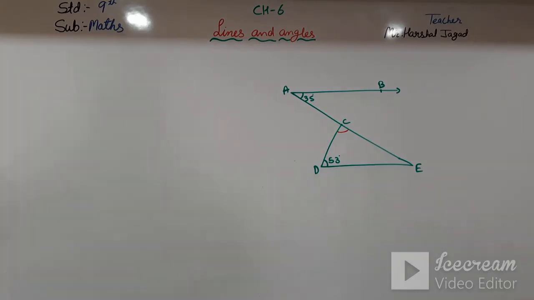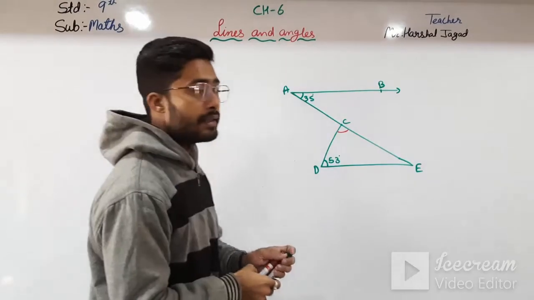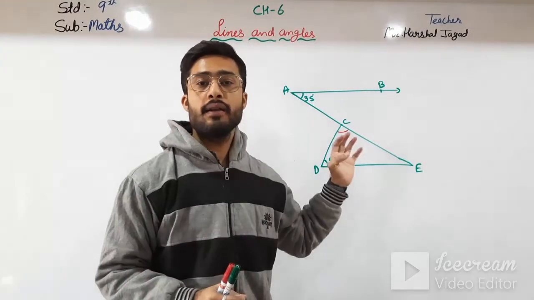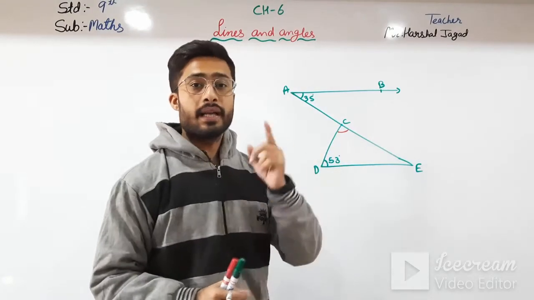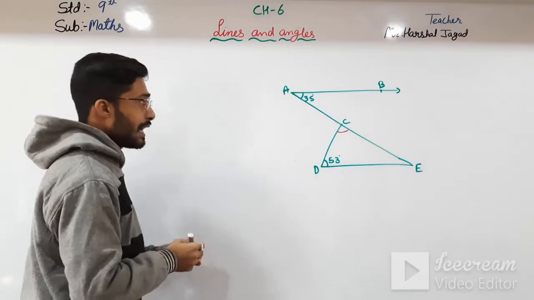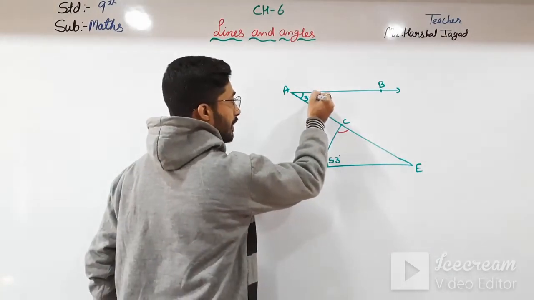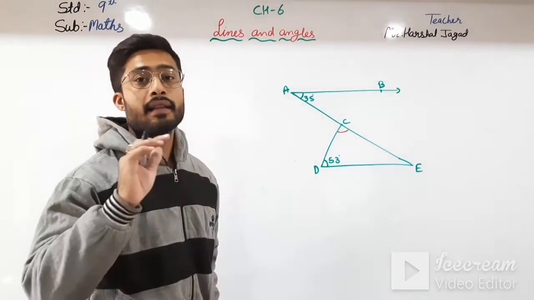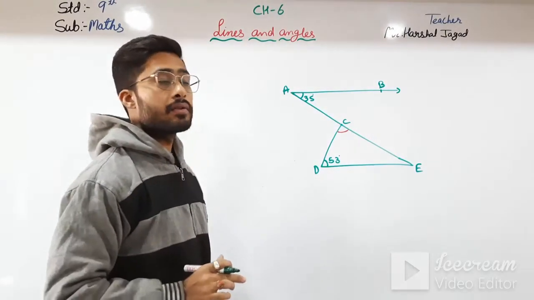Here you can see the lines AB and DE are parallel to each other. That means this angle and this angle are alternate interior angles. Yes or not, students?